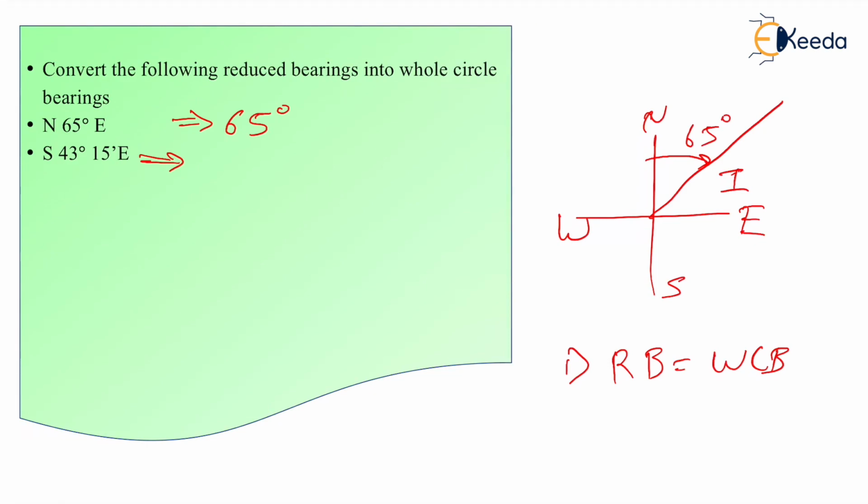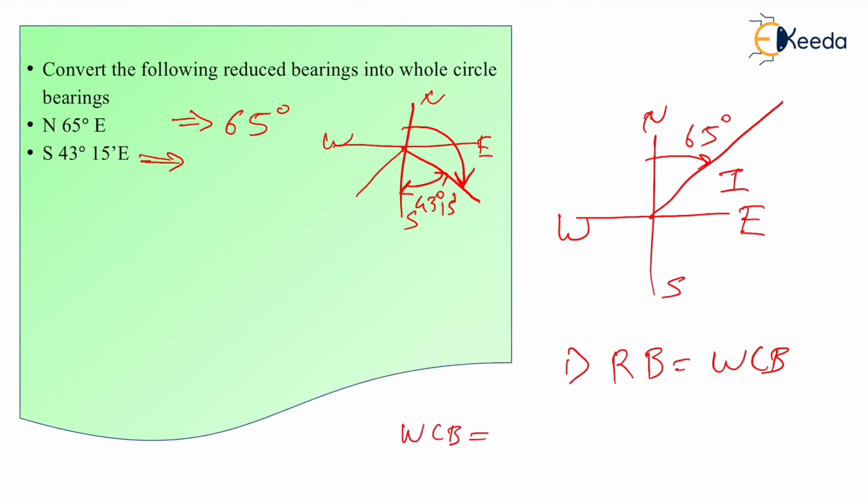Now moving on to second problem. It is written as south 43 degree 15 minutes towards east. Am I drawing it right? So it will lie in second quadrant, on southeast. This angle is 43 degree 15 minutes, and we have to find out WCB. So as per the rule, if it lies in second quadrant, WCB equal to what?